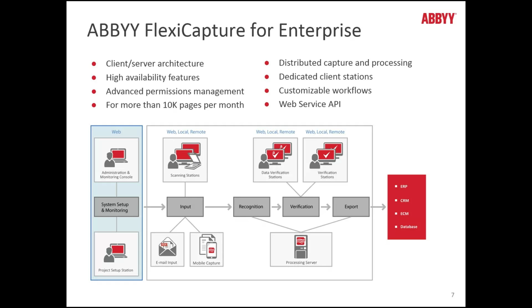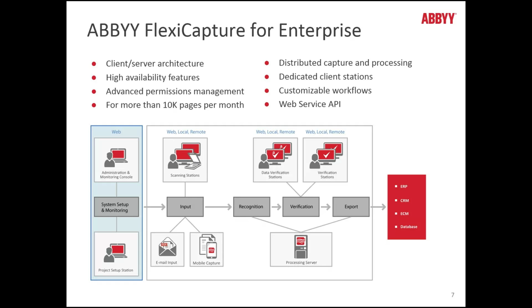So after we've input the documents and done the recognition, everything that the software wasn't certain about in recognition is going to be presented to a verifier, which is a human who is going to look at each of the documents, at the problem that the software had reading something, and it's going to give them a chance to correct it or to verify that, no, that was read properly.